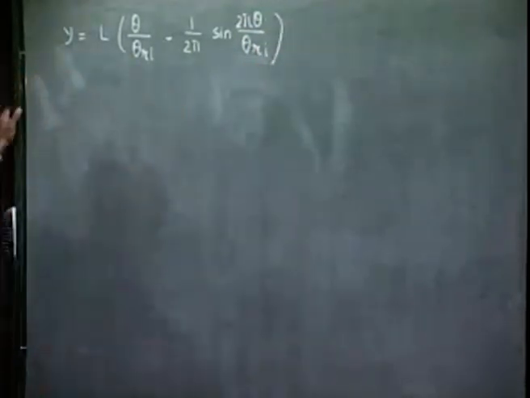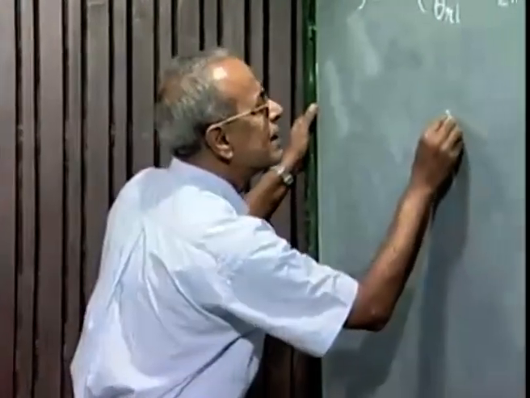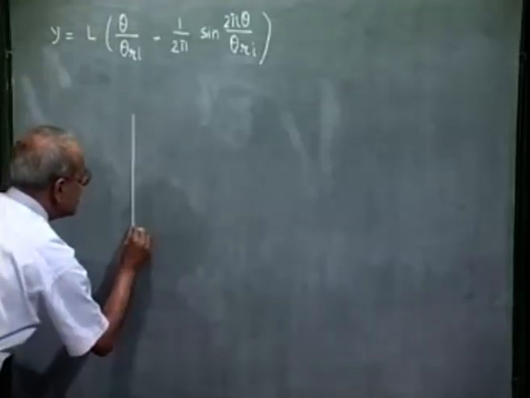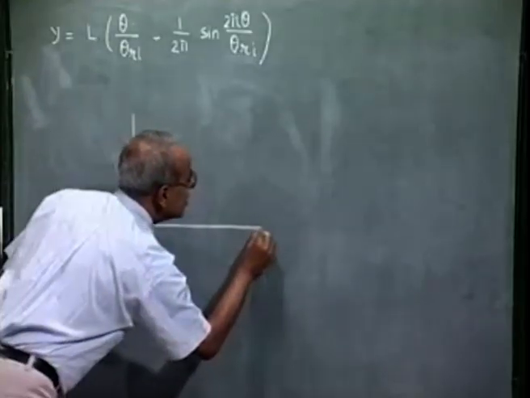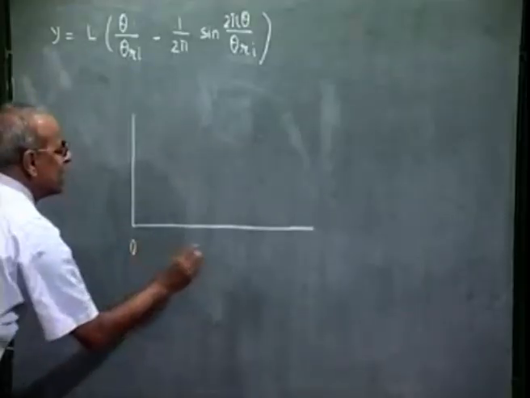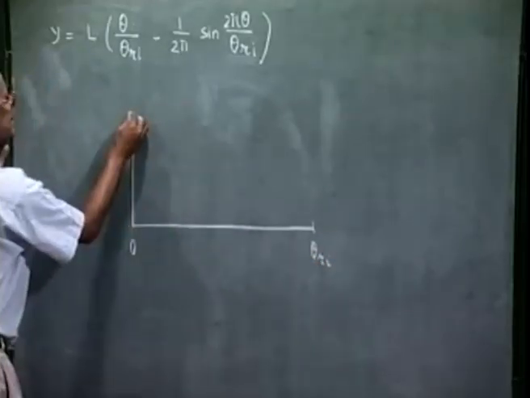Now I will explain how to draw the displacement diagram corresponding to this expression. So this is 0 and this is theta Ri, and this is the lift L.